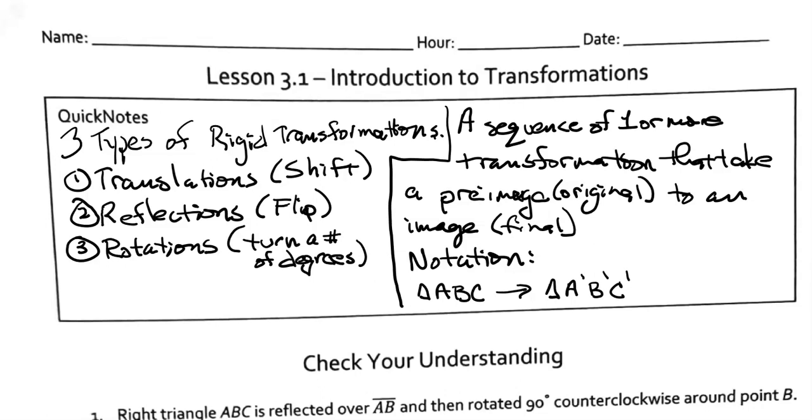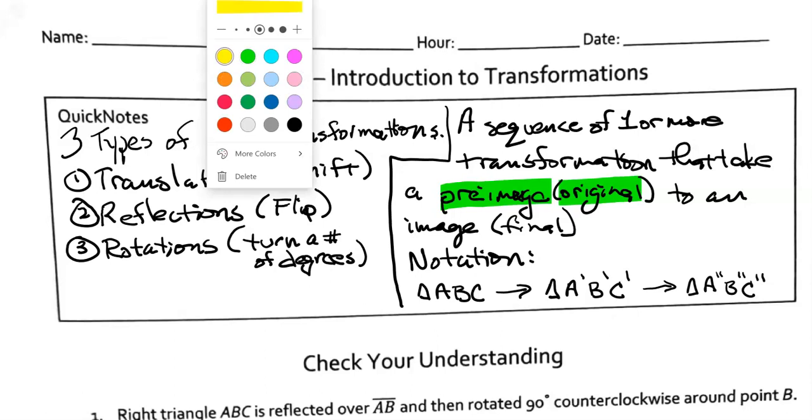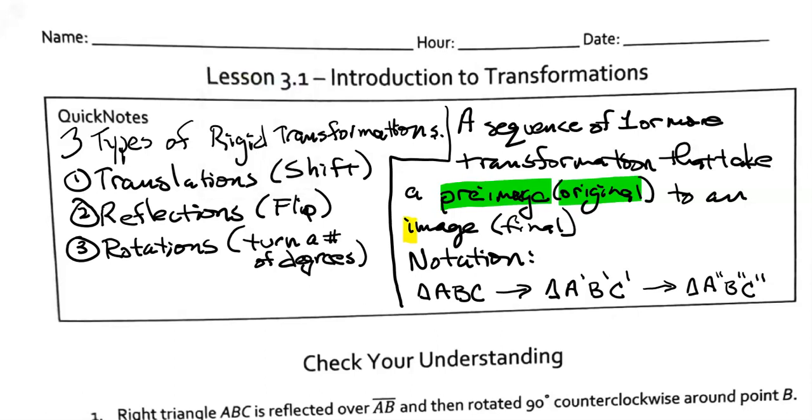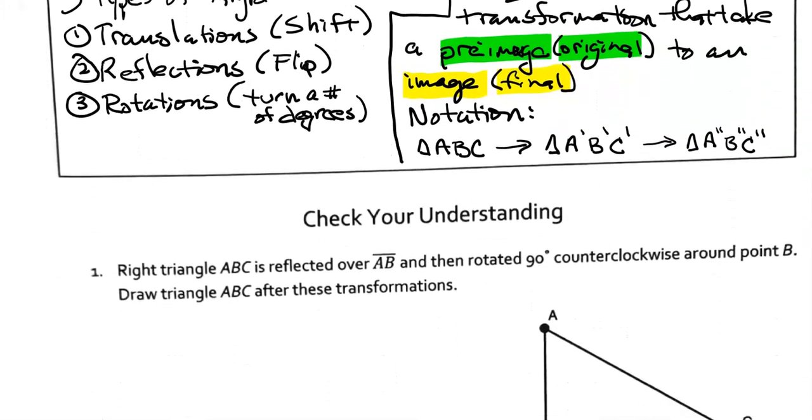And then if we did some transformations to that one to get a third triangle, we would call that triangle A double prime, B double prime, C double prime. Okay, so that's just the notation. And then keep in mind that the pre-image is the original and the image is its final spot. All right, so let's take a look at some examples now.